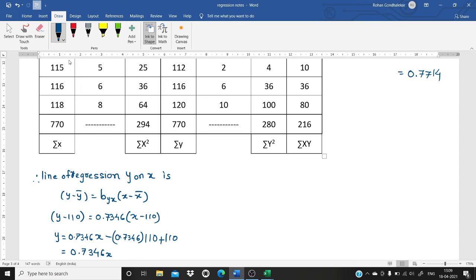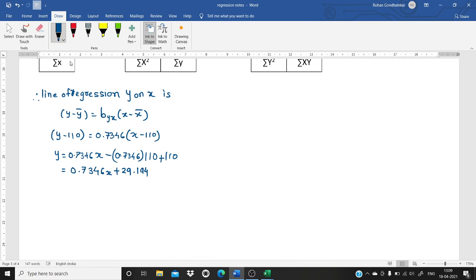Now get this product, minus 0.7346 multiplied with the 110. The answer is minus 80.806 plus 110. So answer is plus 29.194.